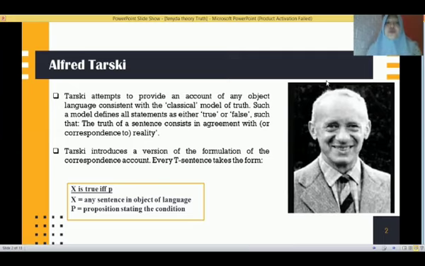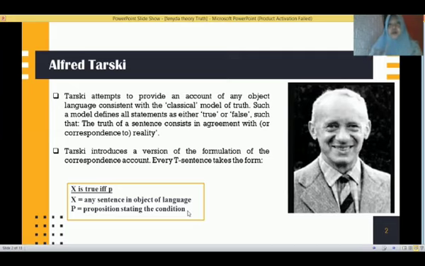Next, Tarski introduced a version of the formulation of the correspondence account. Every T sentence takes the form, you can look at this slide: X is true if P. X stands for any sentence in the object language, and P stands for the proposition stating the condition.